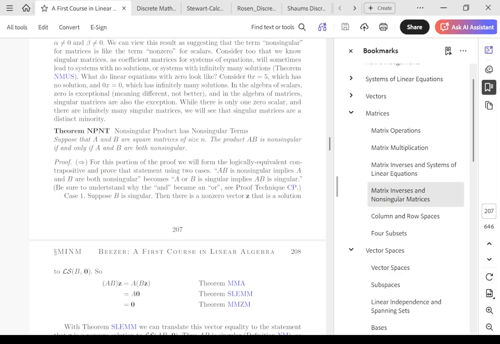Now we have a very strong connection here. This if and only if is an equivalence type statement. So let's write that down.